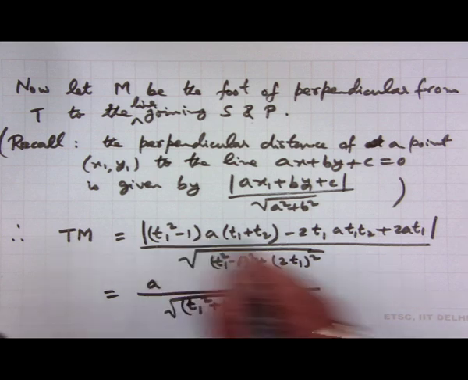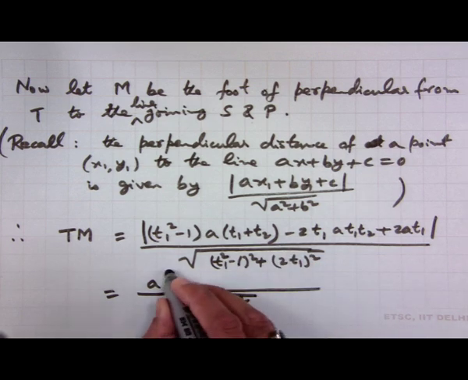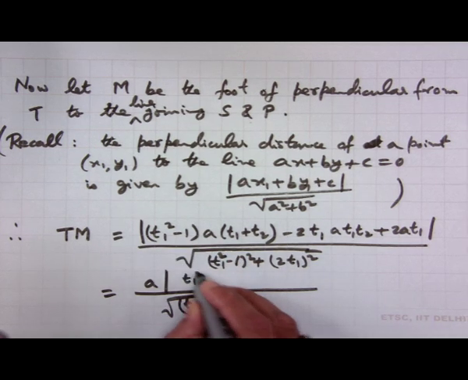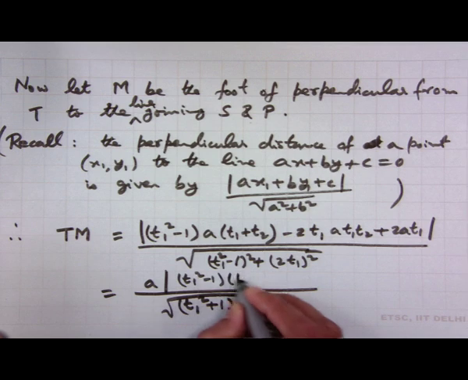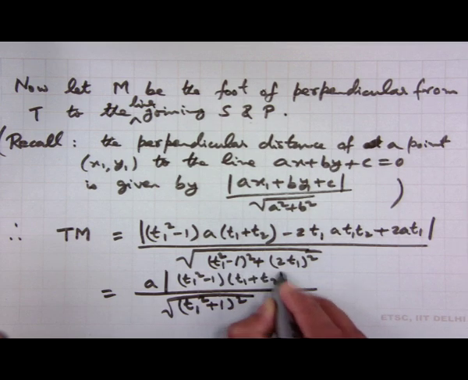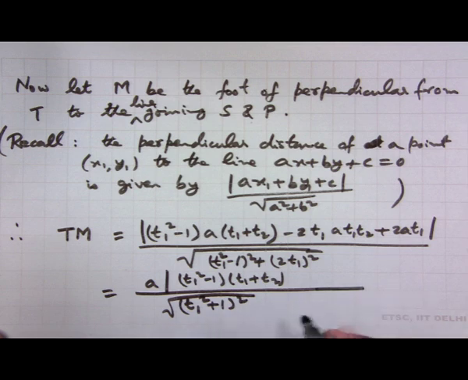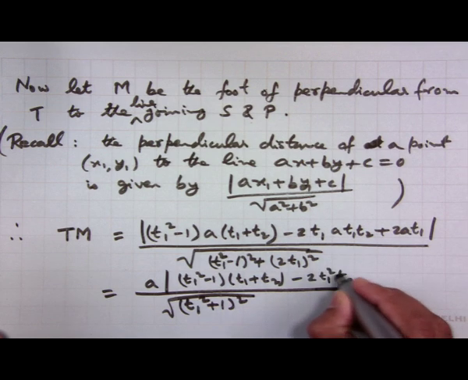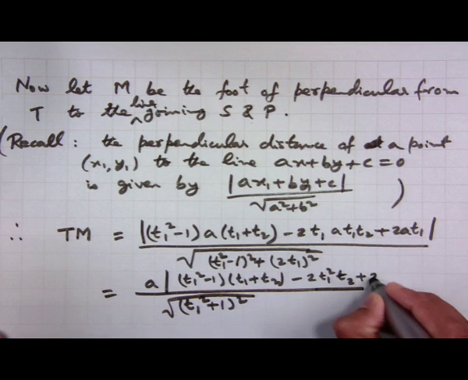And the numerator is a times mod of (t1 square minus 1)(t1 plus t2) minus 2 t1 square t2 plus 2 t1.